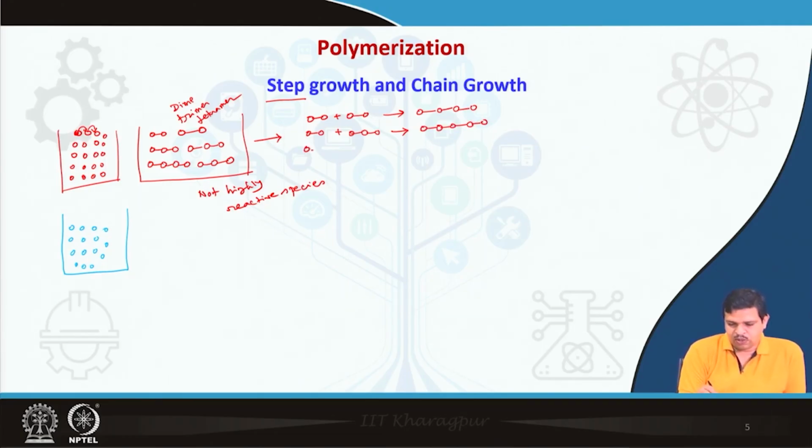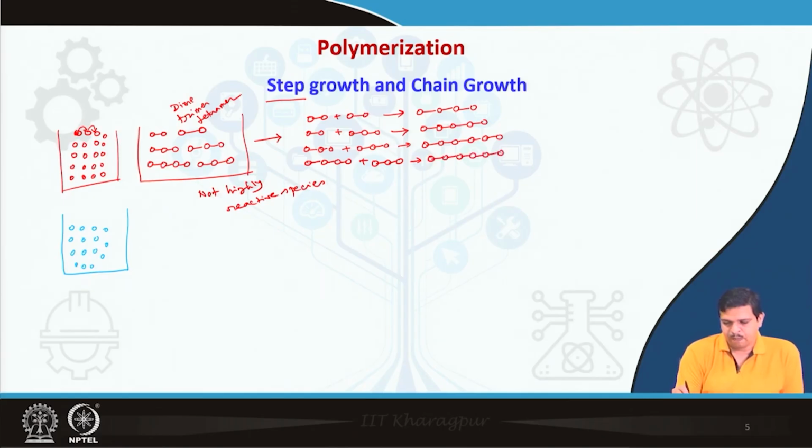Now this trimer can react with another trimer, and you will get a hexamer, like that. Then again, a tetramer can react with a trimer, and you will get the heptamer, like that. Okay. So, what is happening here?